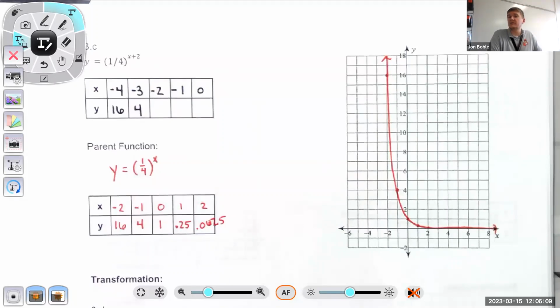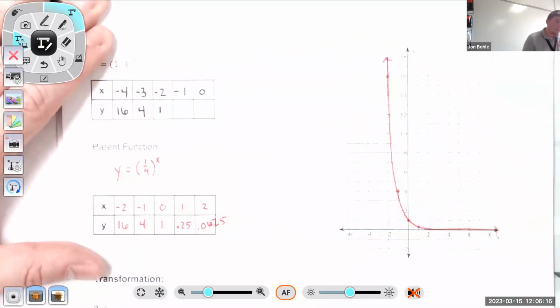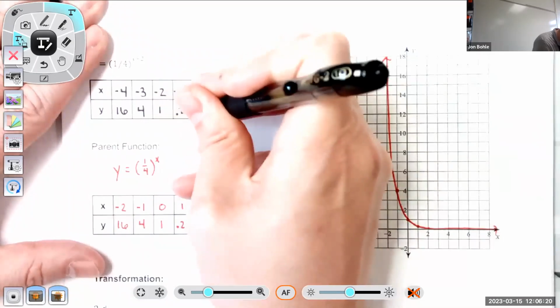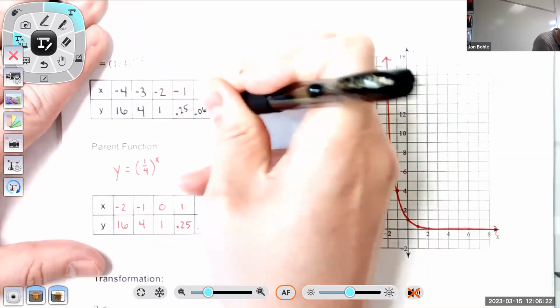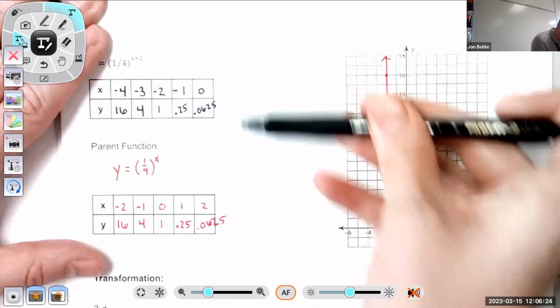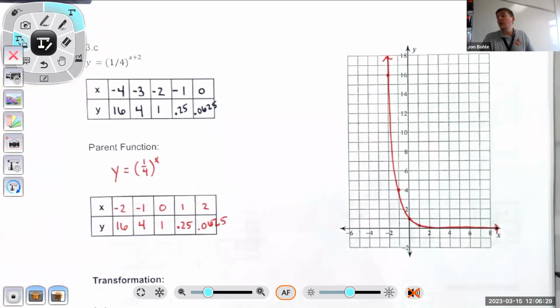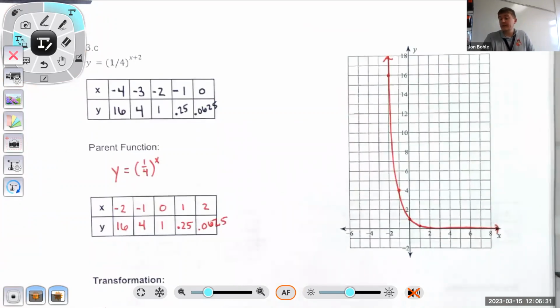If you had to guess what my next 3 numbers are going to be, what are they going to be? 1, you're right. 1/4, you're right. These numbers are actually the same because there's no stretching or shrinking going on, although the graph does change.